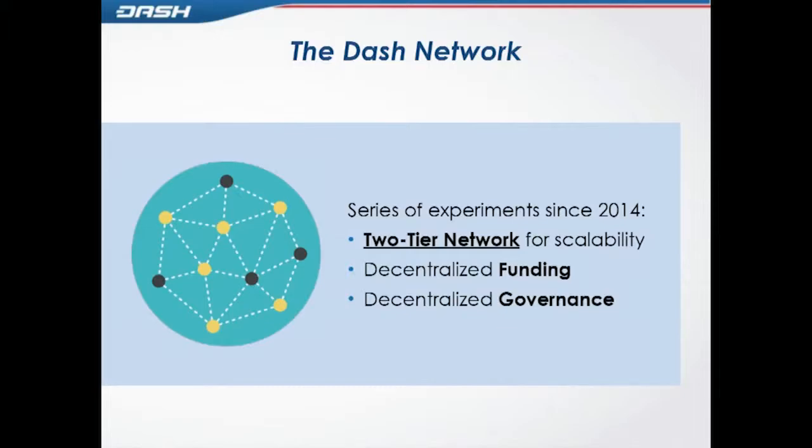But there's only really one job, and it's mining currently. And so what we did was we added a new job. We call these people masternode operators, and they run our infrastructure for us. Basically, we require that they run specific types of hardware, and then we can actually rely on that hardware.